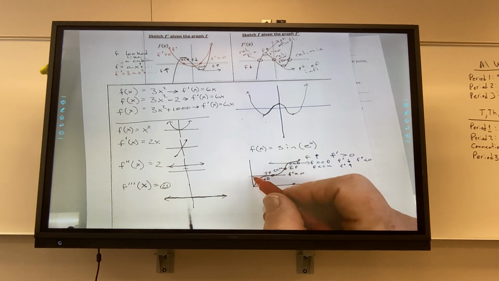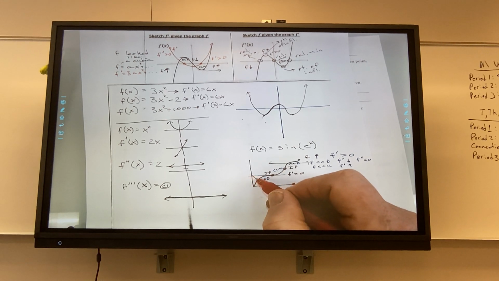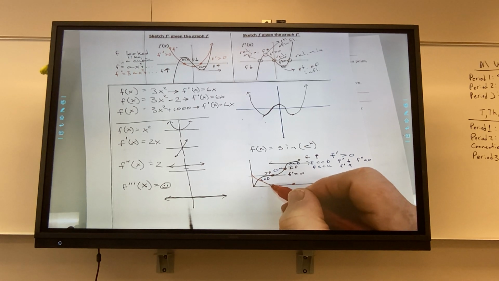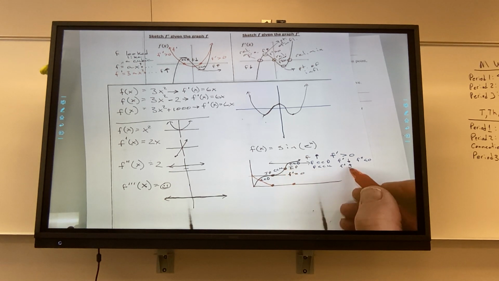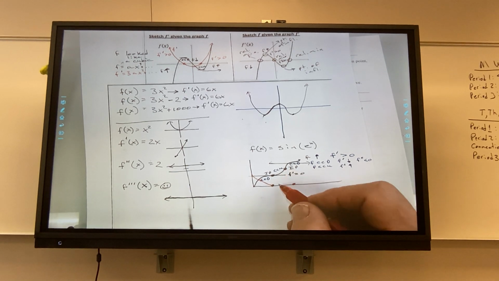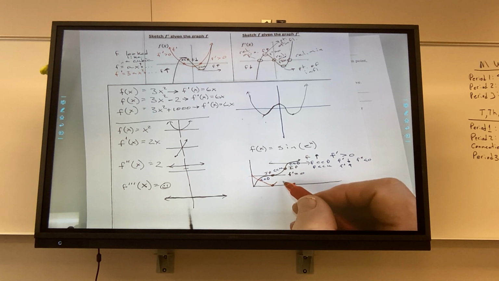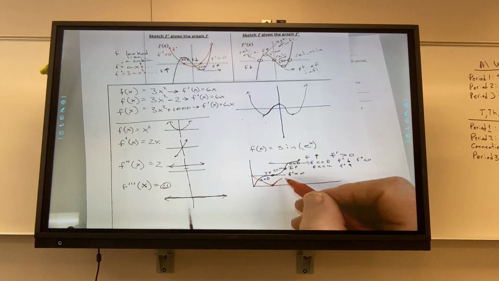So I'm gonna start it anywhere, it doesn't matter where I start it. It's gonna be decreasing, and then it's gonna hit this spot, where it's 0, and then it's concave up, which means it's gotta be increasing till it gets to this inflection point. And then it's concave down, so it's gonna be decreasing.